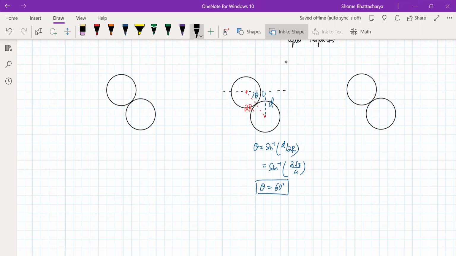Now coming back to all this, you can see that the masses are equal and the coefficient of restitution is 1. So obviously this one's final velocity will be along this line because the impulse acting on it is along this line. So from the impulse momentum theorem, understand that this will have a final velocity along this direction.